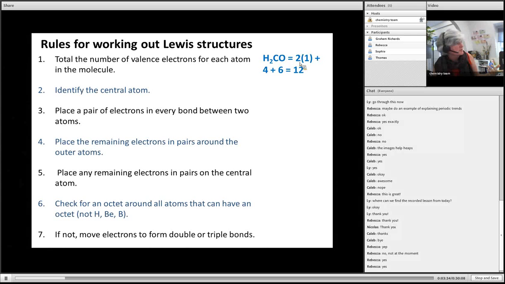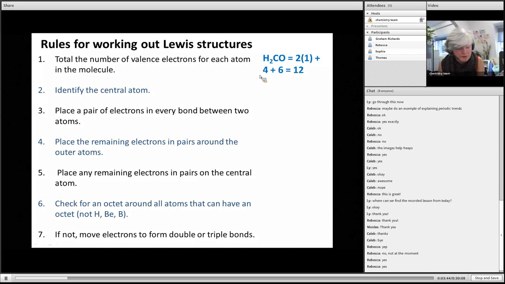So you can see 2 times 1 plus 4 plus 6, so we've got 12 electrons to arrange. So your next step is to say, all right, of those 4 atoms, or 3 different types of elements, which one is the central element? Which one is the one that the others are going to bond to?